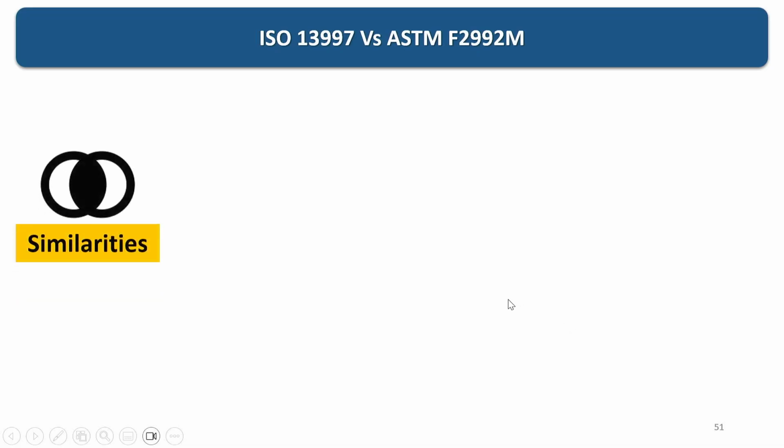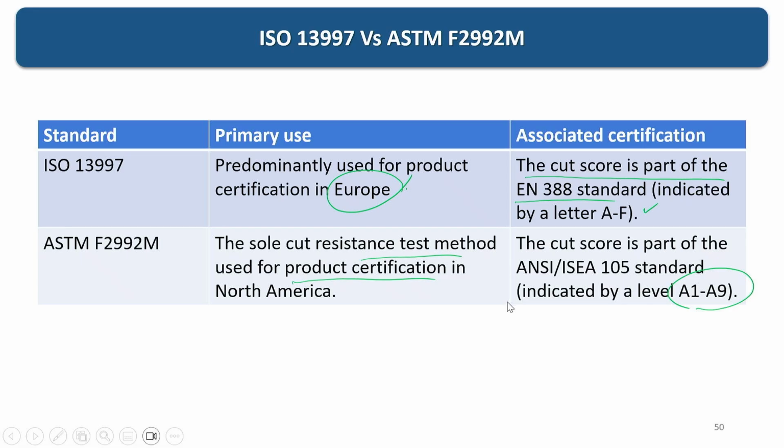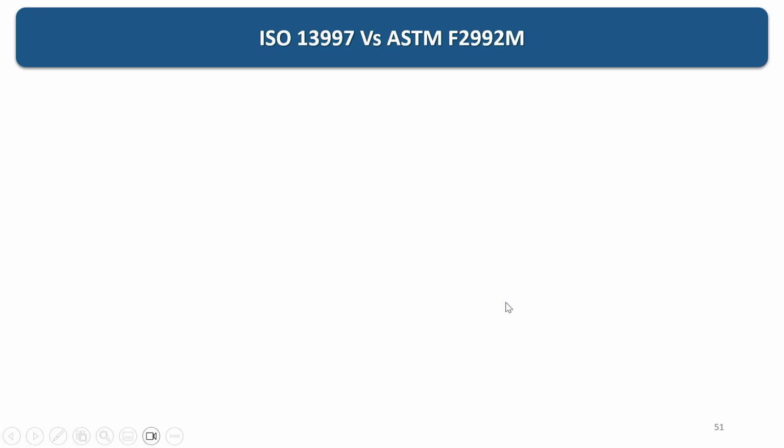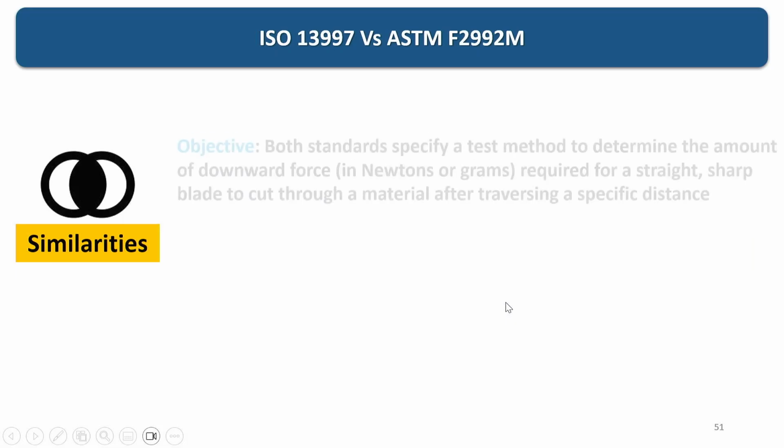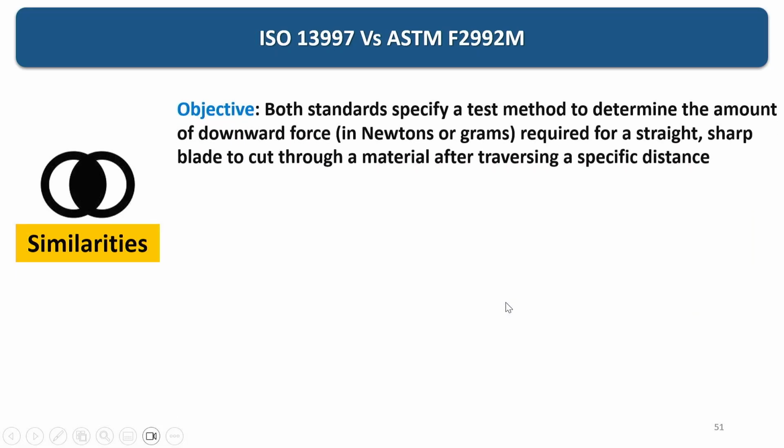These are the differences, and you can see the similarities for both the methods, ISO and ASTM. Both standards specify the test method to determine the amount of downward force, in newtons or grams, required for a straight cut.